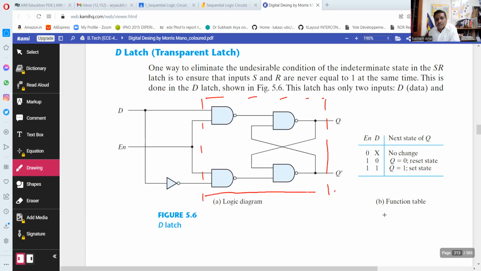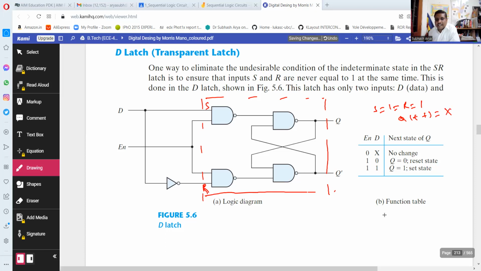This was the S, this was the R. But in that there was an indeterminate state when S is equal to 1 and R is equal to 1. Both are 1, and we cannot determine what the output shall be.